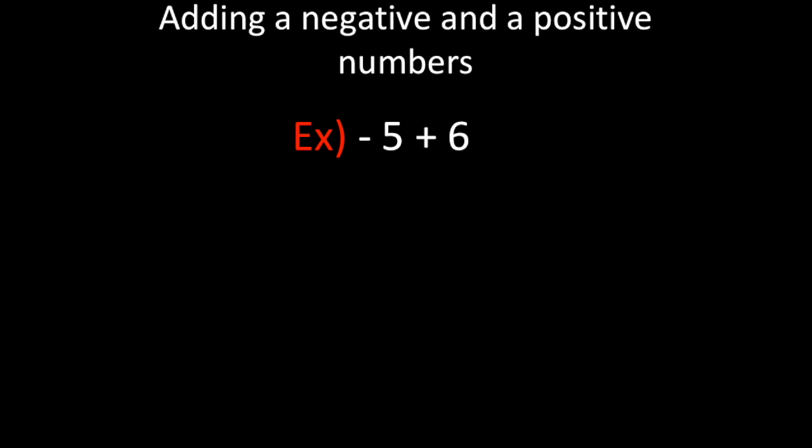If they have the opposite sign, you don't do anything else but subtract the numbers. In this case, the answer is 1, but you're not done yet. You have to look at which number is larger and what is the sign for that number. In this case, 6 is larger and 6 has a positive sign, so that's why your answer is positive.